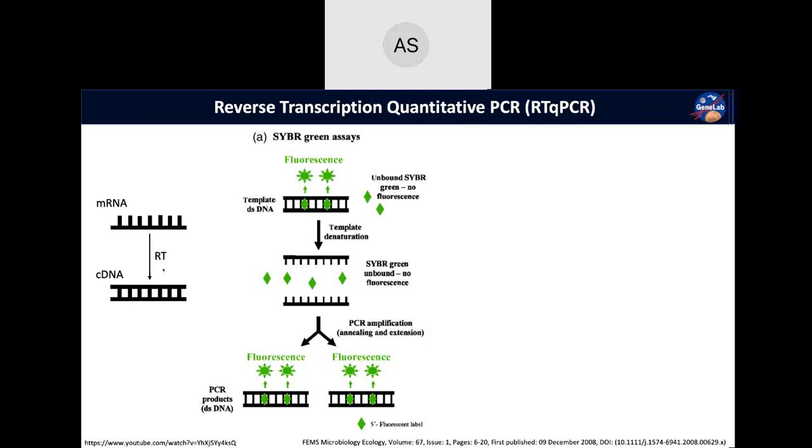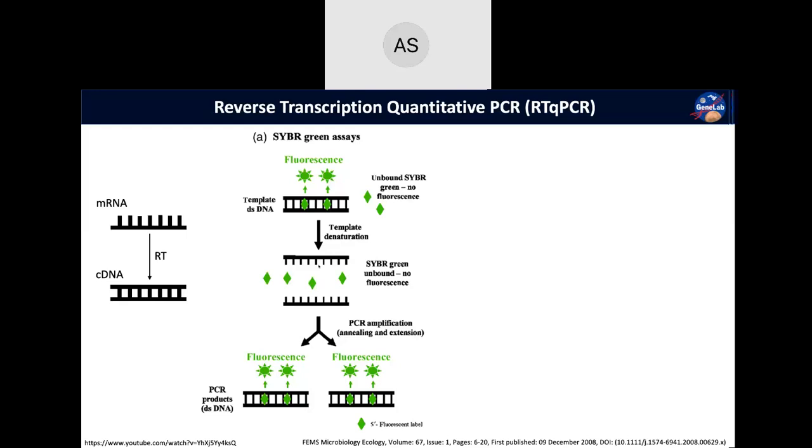So when you start now your PCR reaction, of course, your input is your double-stranded cDNA. So you will see an initial background fluorescence. And then as you go through those PCR cycles, starting with your denaturation, that will release your double-stranded DNA. And so then the SYBR Green signal goes away.